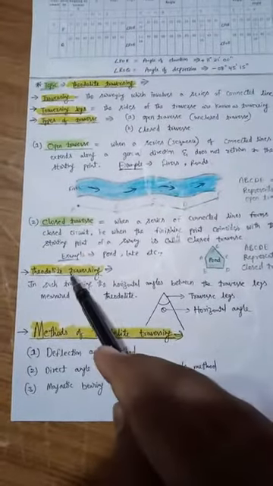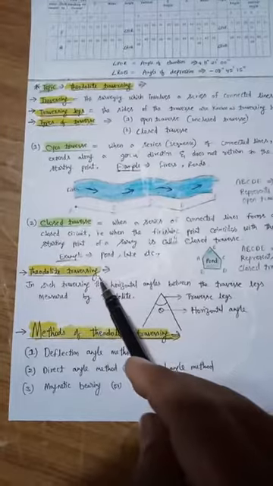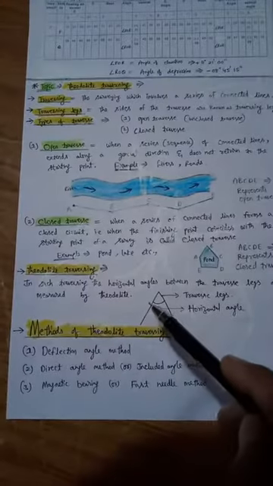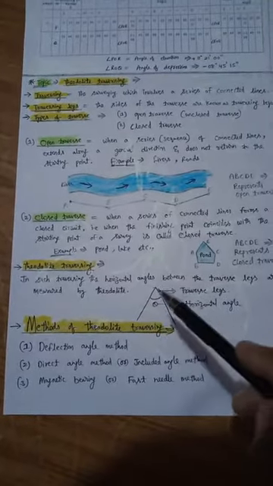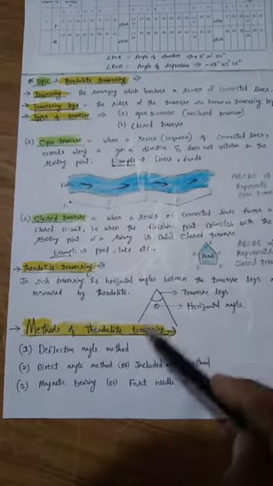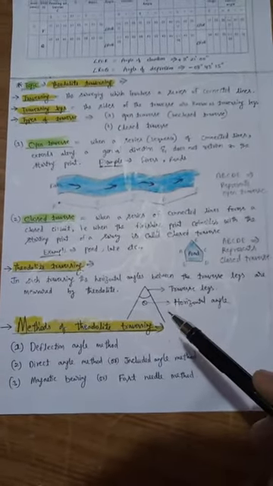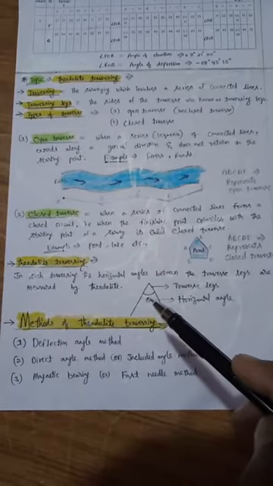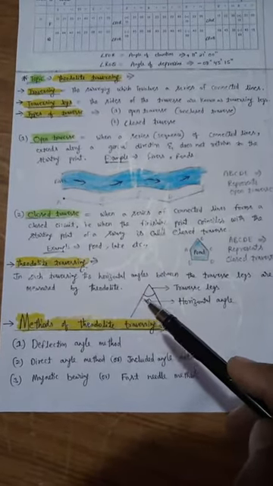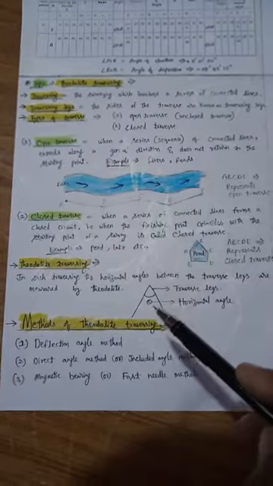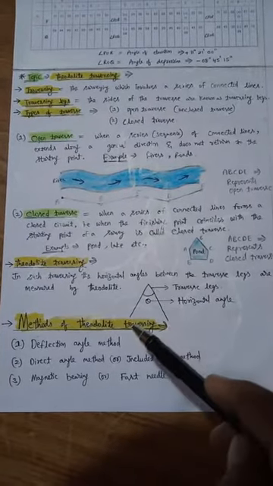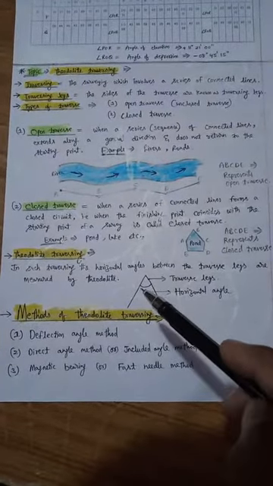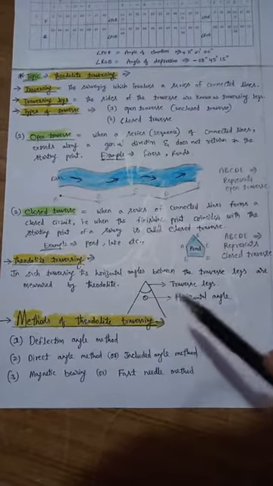The next topic is theodolite traversing. In theodolite traversing, the angle between traverse legs is measured through a theodolite. So these are two traverse legs, and in between there is an angle, that is a horizontal angle.